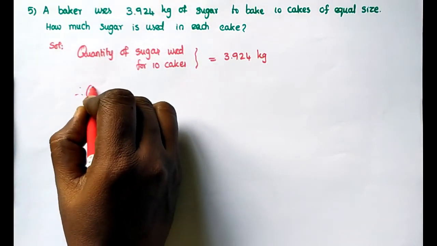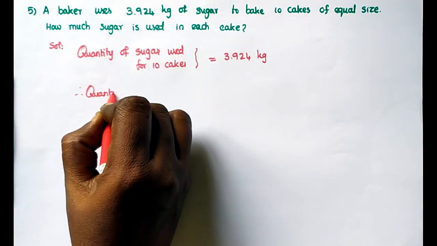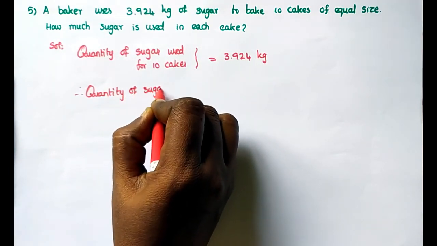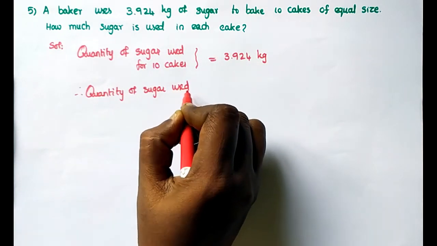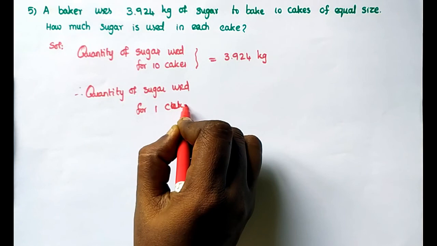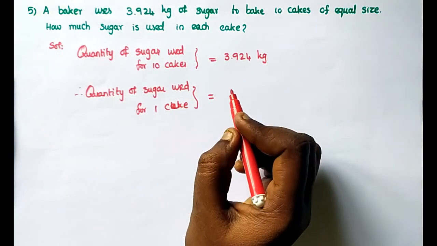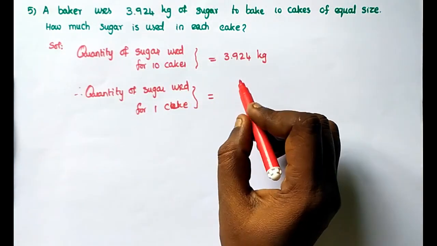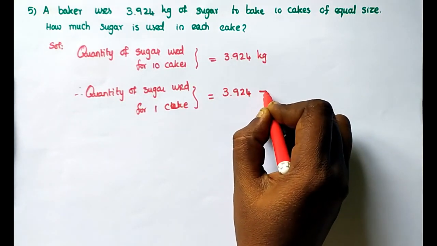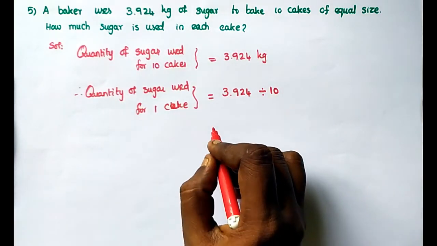Therefore, quantity of sugar used for one cake, we have to find out by dividing these two numbers. 3.924 divided by 10.